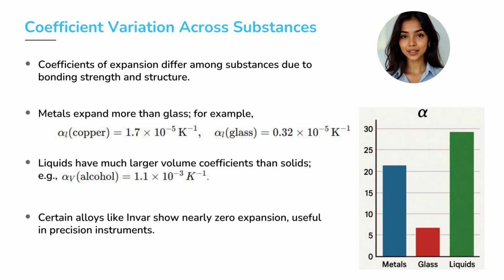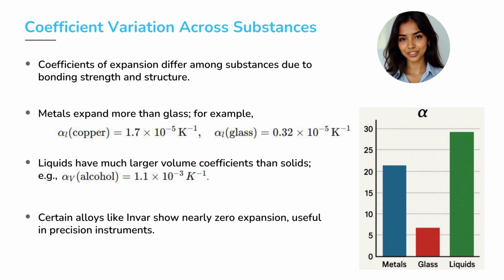For alcohol, the coefficient of volumetric expansion, alpha sub V, is 1.1 times 10 to the power of minus 3 per Kelvin. For mercury, it's 1.82 times 10 to the power of minus 4 per Kelvin. And then we have the hero alloy invar, which expands so little it's almost negligible, alpha sub V equals 2 times 10 to the power of minus 6 per Kelvin.